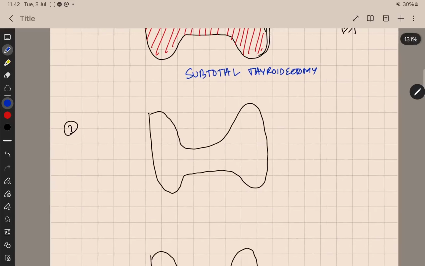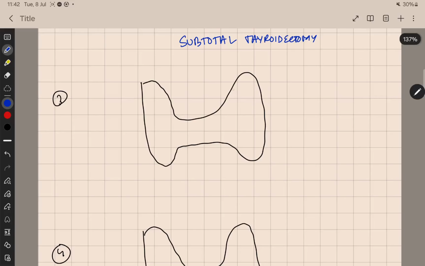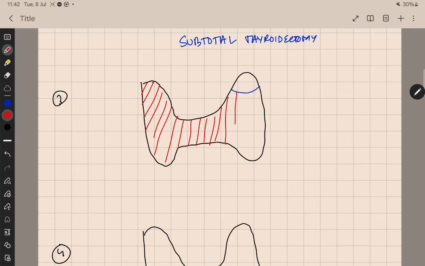While third type is near total thyroidectomy. That means you will remove one lobe completely, and we'll remove the other lobe as well, but we will spare around 4 grams of thyroid tissue on one lobe only.